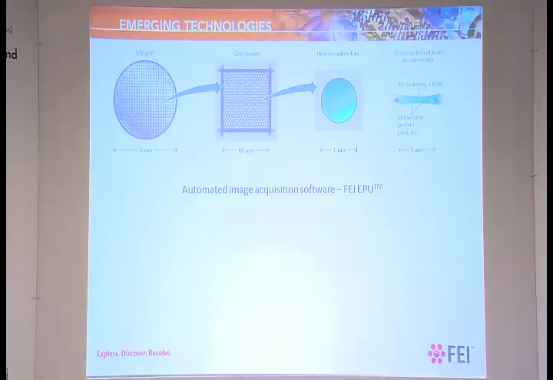So this is just the principle of EPU. We have our EM grid, which we would like to image. We would then like to specify squares in that. And then from those squares, one thing I should also mention is that we don't need to make our own holey carbon grids anymore.